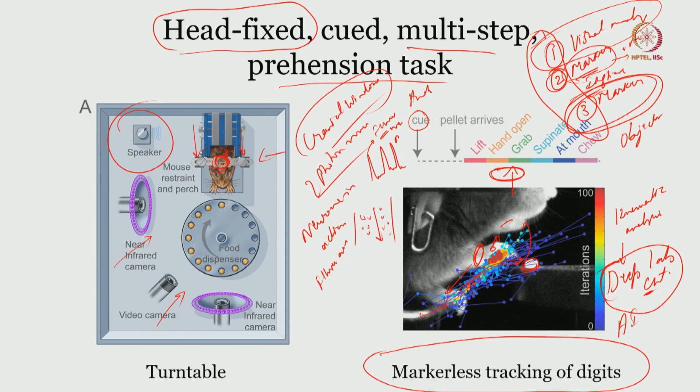So if there is a chance to use markerless tracking of the digit and this software called DeepLabCut, that is very reliable, because it makes so much sense when you try to analyze the neural signals that are coming out.